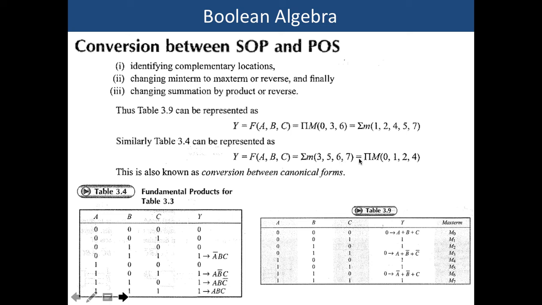So whatever locations are not covered or included here, we need to write here, like pi M 0, 1, 2, 4. So pi M 0, 1, 2, 4.